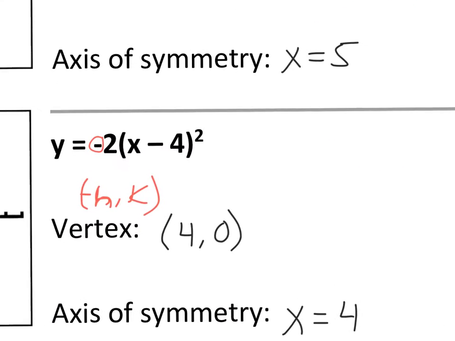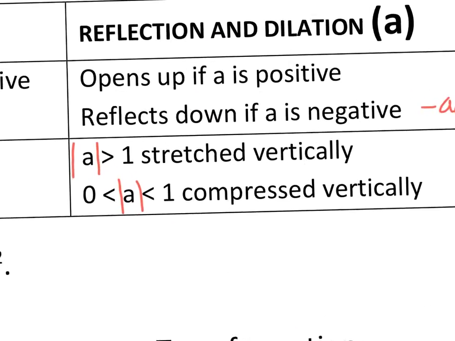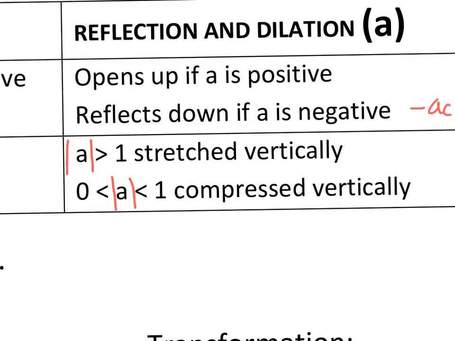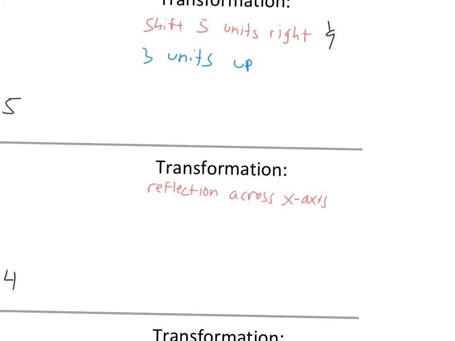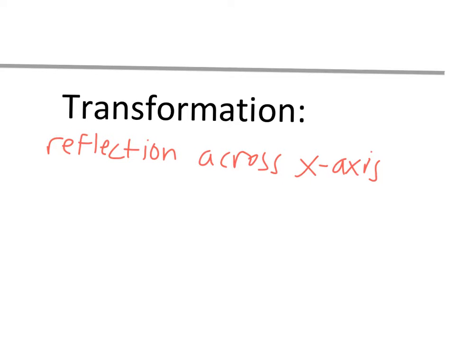All right, then we have this 2. So let's go back up to our A description. We already took care of the top box. Now the bottom box says if absolute value of A is greater than 1, the absolute value of -2 is +2, so that is going to be greater than 1, so that is a stretch right here, because 2 is bigger than 1, so it's a vertical stretch. Or think about 2 being bigger. 2 is a bigger number than 1, so that means it's getting bigger or stretching.